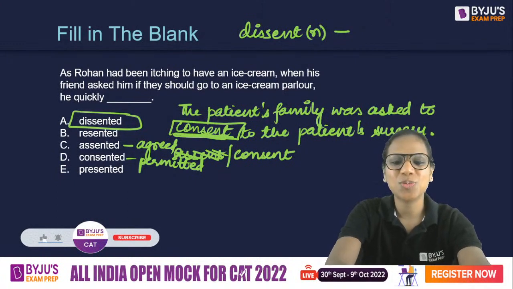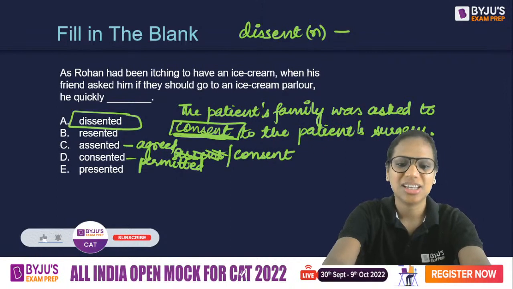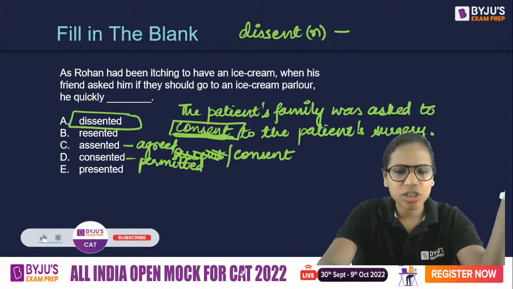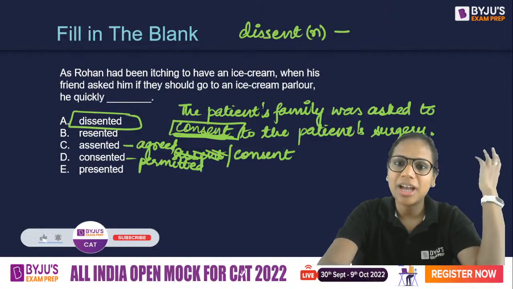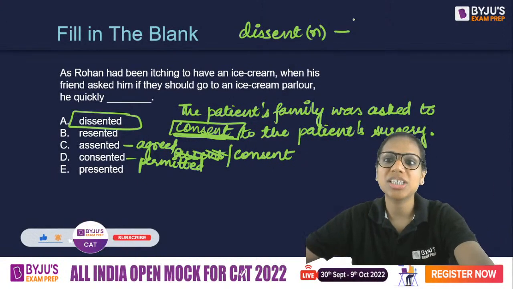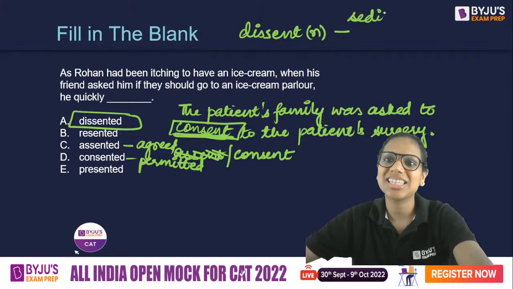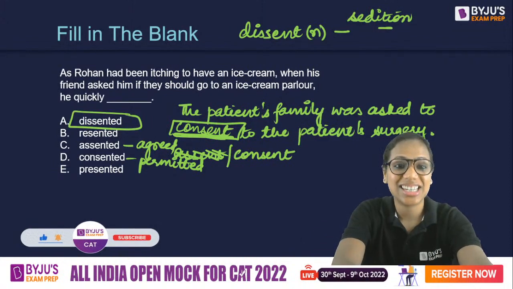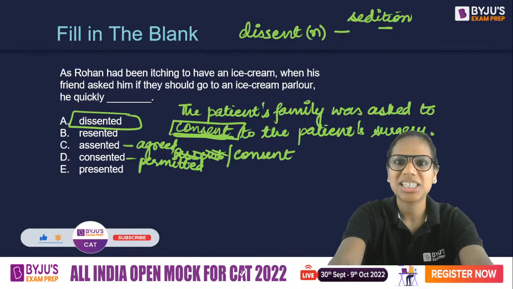If you read the newspaper, you must have come across this word, dissent, a lot, like in the JNU case, which happened way back, but then they were charged with sedition. So dissenters are usually charged with sedition. Sedition is an act that is against the state. Yes, you heard this word sedition.